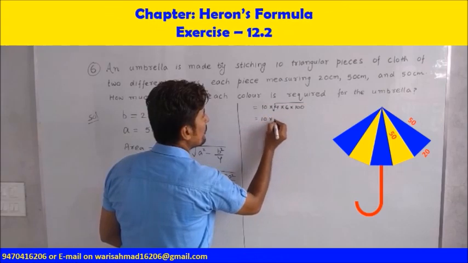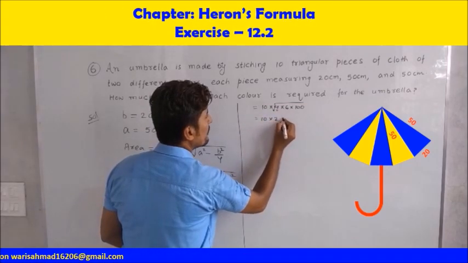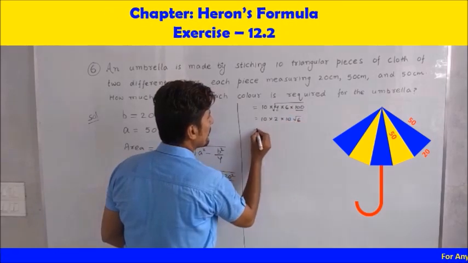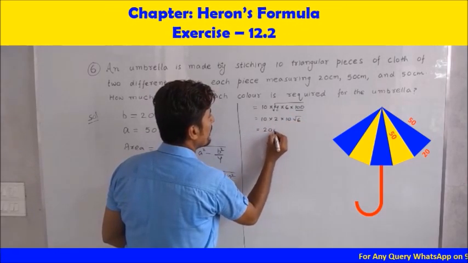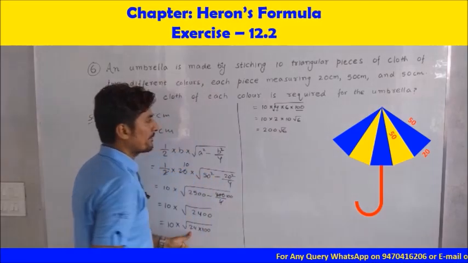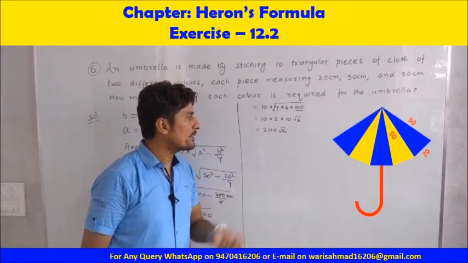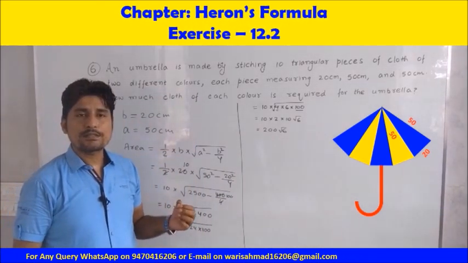Now 10 into square root of 4 will be 2, square root of 100 will be 10, and under root 6. 200 and root 6. So the area of one triangular piece of cloth is equal to 200 root 6.